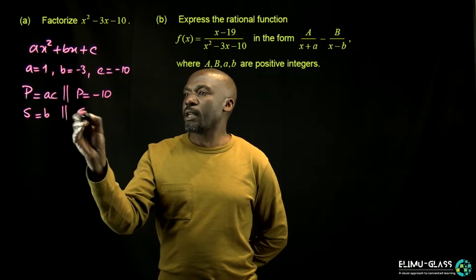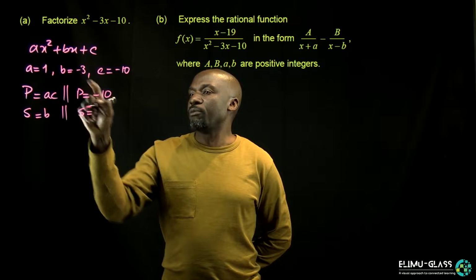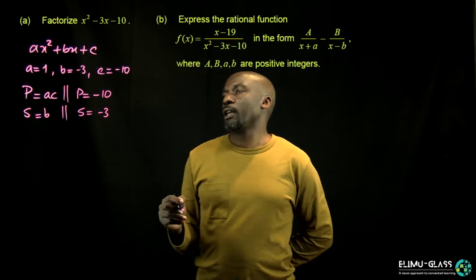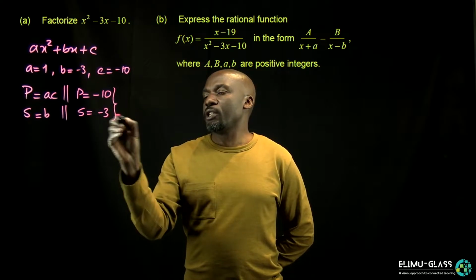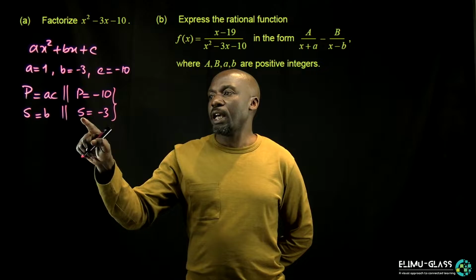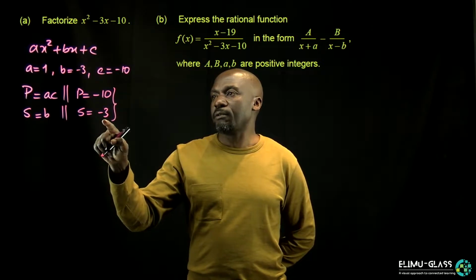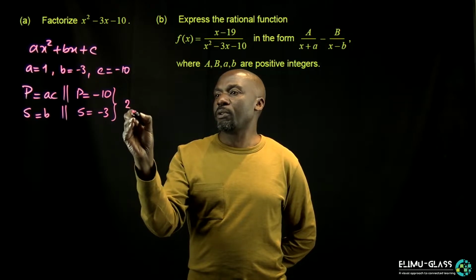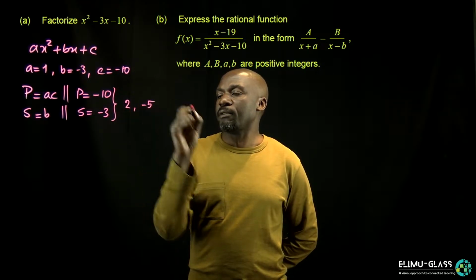In our case, the value of b is -3. Having found the sum and product, we need two integers whose product will give us -10 and whose sum will give us -3. These numbers, if you check carefully, should be 2 and -5.